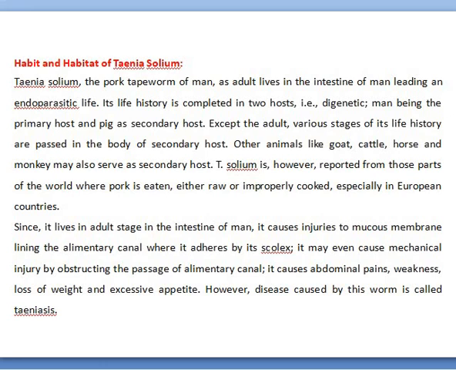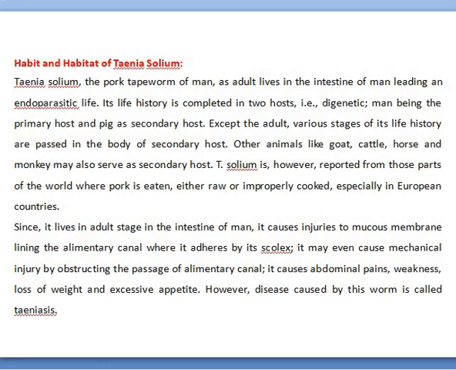Except for the adult, various stages of its life history are passed in the body of the secondary host. Other animals like goat, cattle, horse and monkey may also serve as secondary hosts.